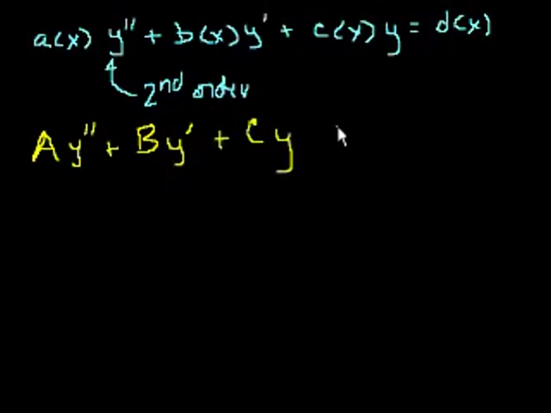And instead of having a fourth function d of x, I'm just going to set that equal to 0.